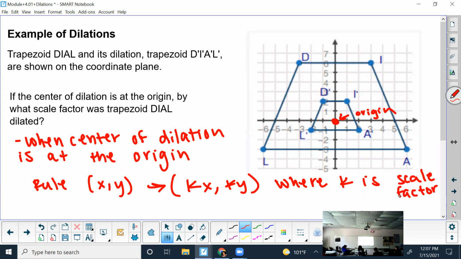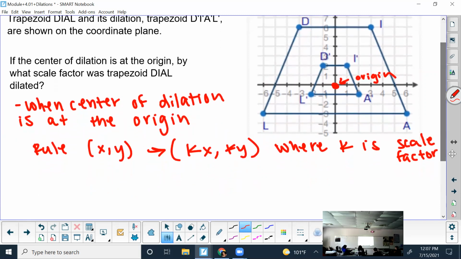So that's our rule. And what essentially is happening is for each x and y value of our pre-image, we're multiplying it by something, which is our scale factor, which is k, to get our new coordinate.